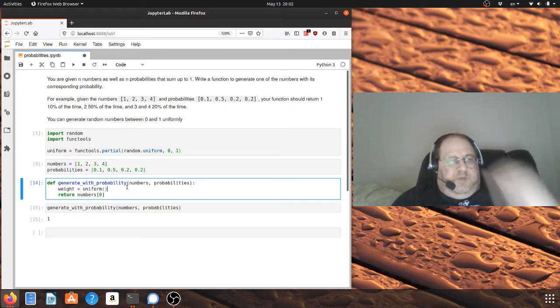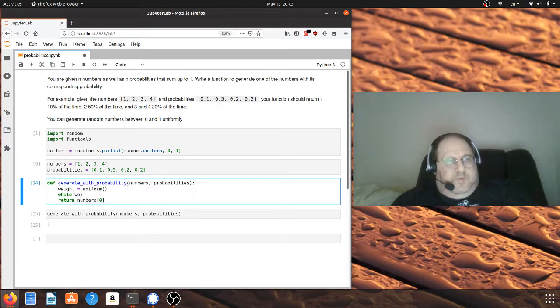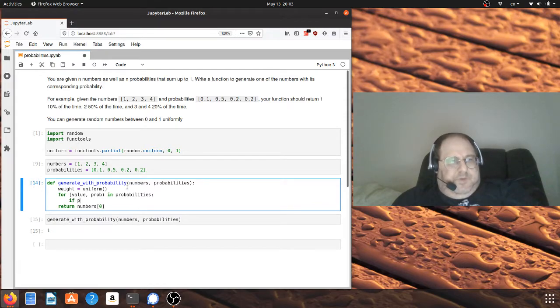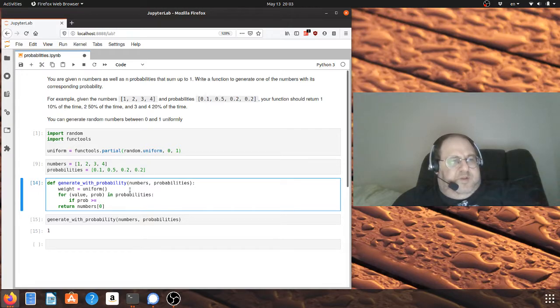Okay, so now the naive algorithm is pretty simple. We'll do for value, probability in zip of numbers and probabilities, if probability greater than weight. I'm trying to think what's the cleanest way.